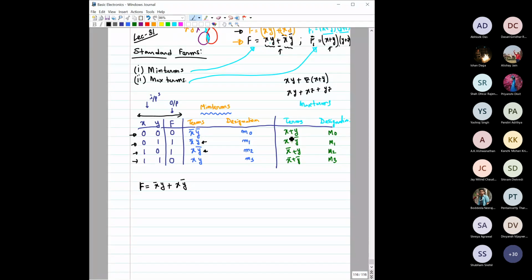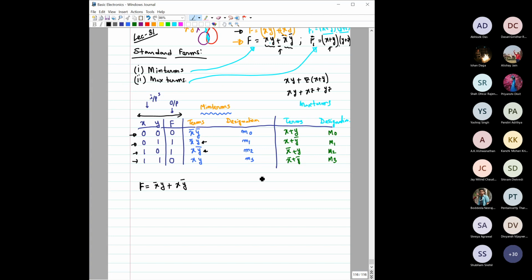Here the terms will be such that for each literal you put the values. This term becomes 0. Here it is 0, 0. This term becomes 0. Here you put 0 plus 0, where x is 0, y is 1. You put a similar thing to whatever we are doing from here.